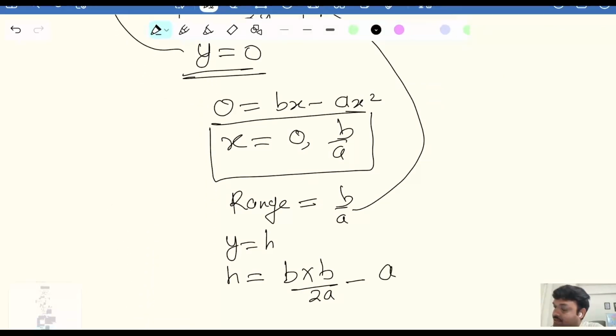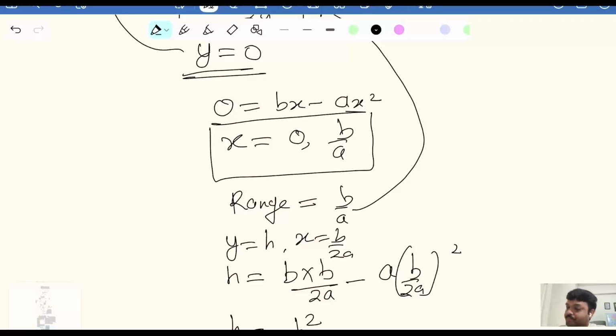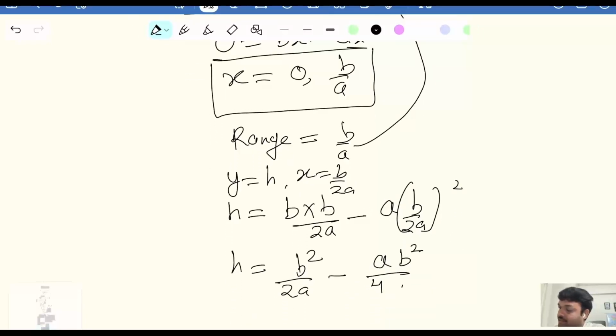What is a? a is this, and what is x? b by 2a. So I can write x square as b by 2a whole square. So hence h would be b square by 2a minus a b square by 4 a square. So this goes away, and then we have b square by 4a as h.